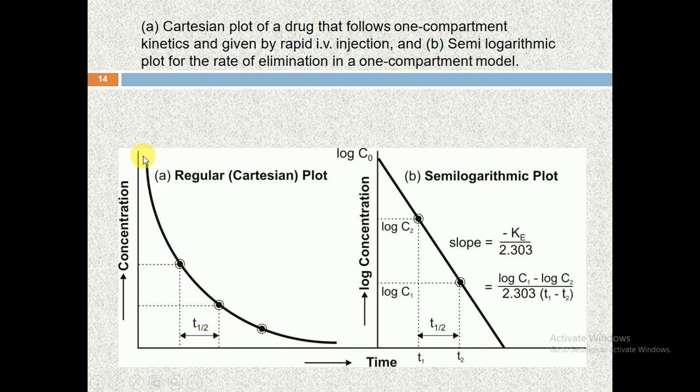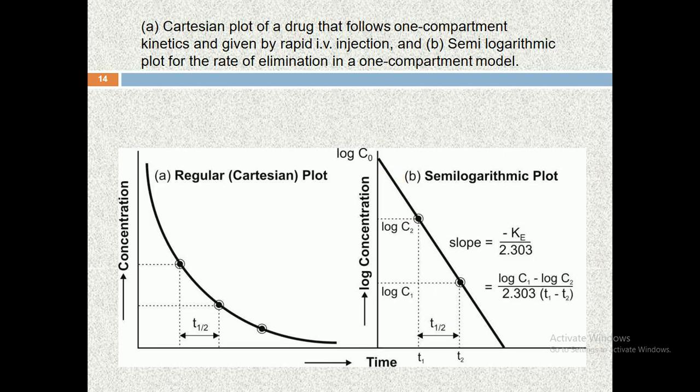Look at this graphical representation. This is the concentration of the drug, and the concentration of the drug is reduced with the passage of time. And this is log concentration, which can be shown logarithmically. So this is the Cartesian plot of a drug that follows one compartment kinetics and is given by rapid IV injection.